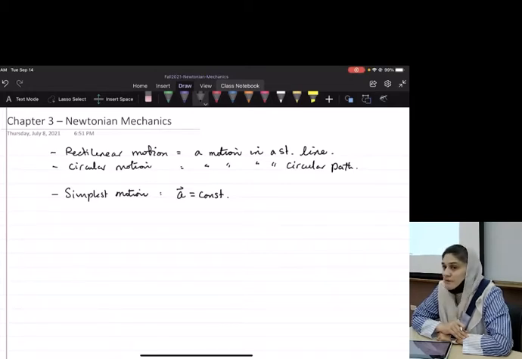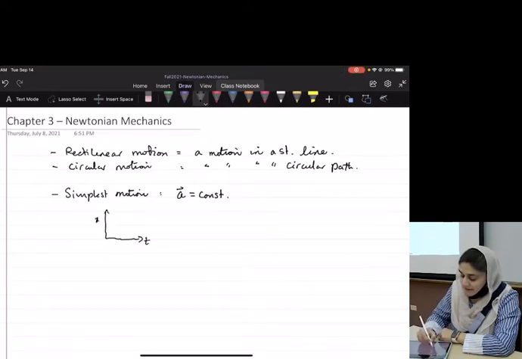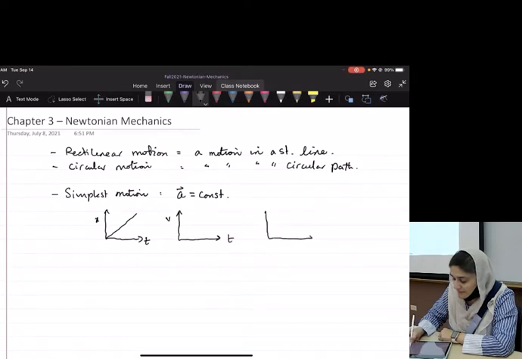So if you remember drawing the graphs from Intro 1, what would the graphs look like? If I have a time versus X graph, it either went like this. Do you remember drawing these graphs? There was a TV graph, and then there was a TA graph.